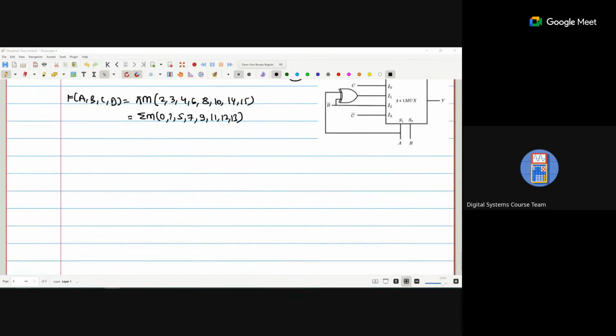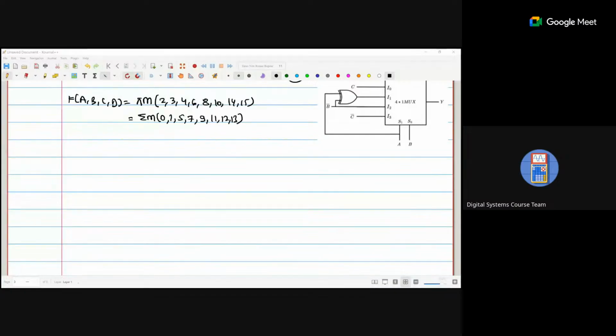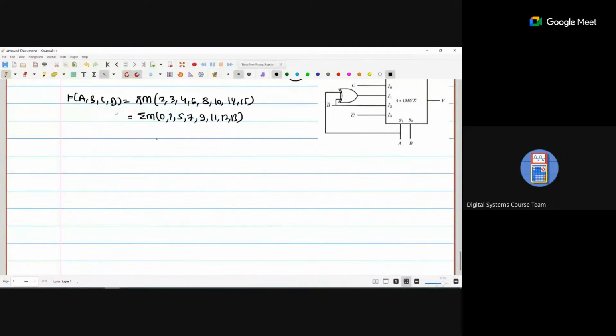Now they are asking, if A and B are the select lines and C and D are the available inputs. So they decided which are the select lines. So I take AB as the select lines: 00, 01, 10, and 11.